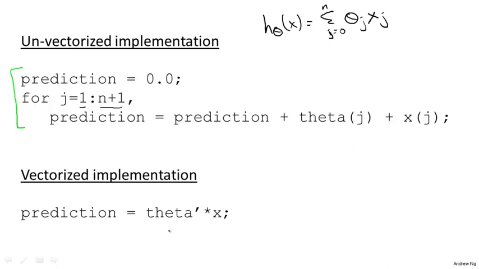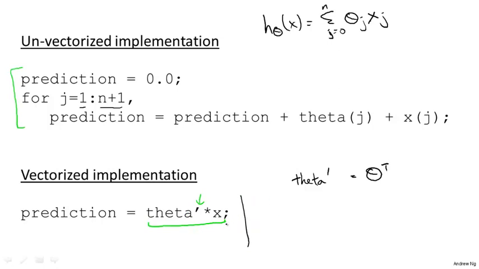In contrast, if you're using MATLAB, you can just write this one statement, prediction equals theta prime times x, where in MATLAB, theta prime is the notation for theta transpose. So this prime is how you get the transpose of your vector theta. And using this, you can use MATLAB's built-in linear algebra library to calculate this inner product for you.